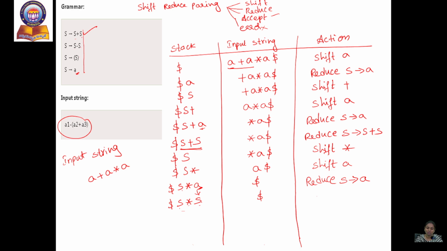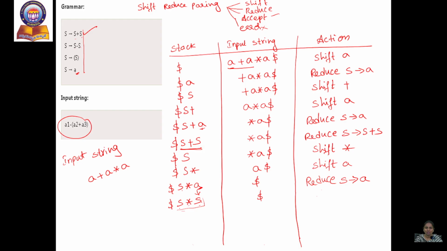Because nothing is there in the input string. There is nothing to shift from the input buffer towards the stack, so I cannot do the shift action. Next, the reduction action. No production is going to derive this string. S into S is not available in the given grammar, so I cannot perform the reduce action also.